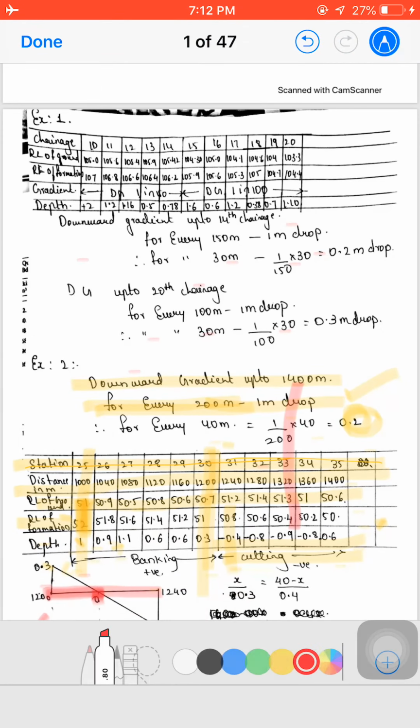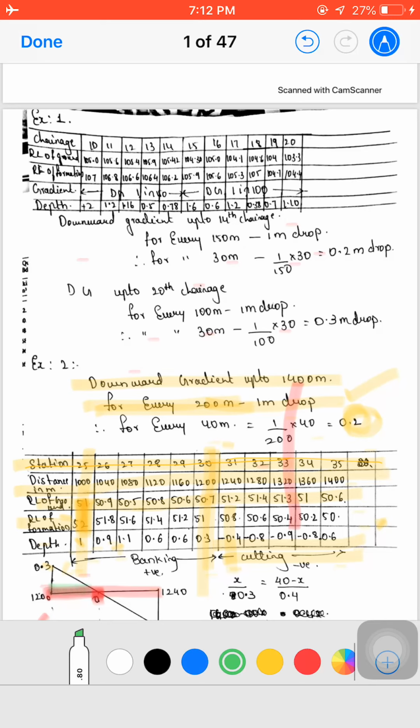Assume this distance as x, and this distance will be x minus 40, since this entire distance is 40. So let me erase this.